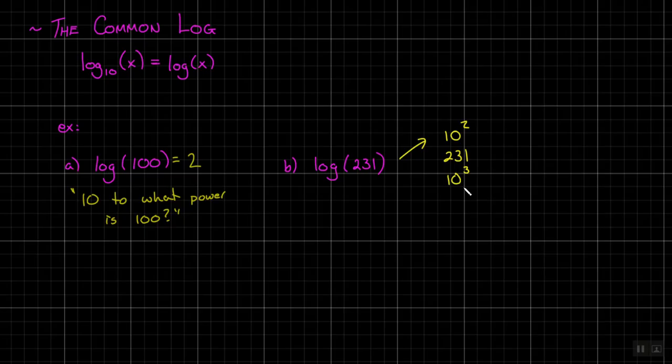It's closer to 10 squared. Now, that means that I know this is going to be between 2 and 3. I can already tell that. And my guess, and I'm roughly estimating here, 2.2-ish is my guess, because I'm closer to 2 than I am to 3. I have no idea what this is in reality, but when you type log in your calculator and type in 231 for your argument, it'll tell you what number. 2 point something.